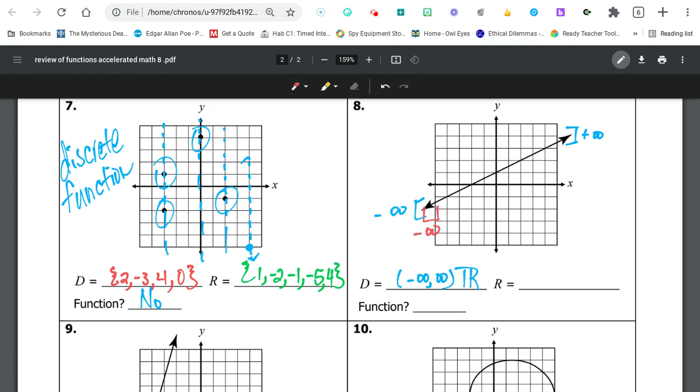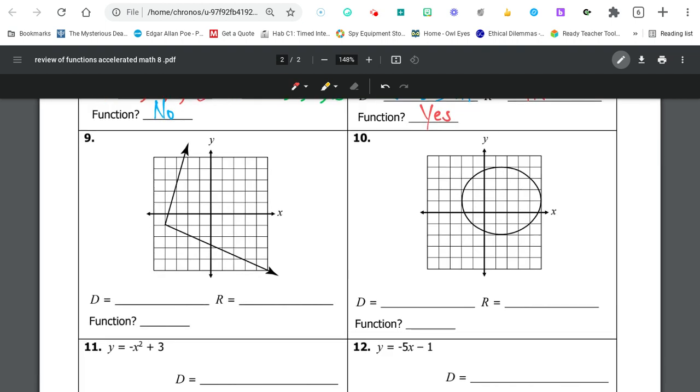Negative infinity. How far up does it go? Positive infinity. So I'm just going to go ahead and put all real numbers. Is this a function? Well, if I draw a vertical line, it only hits my red line, vertical line only hits the graph in one spot, no matter where I draw it. So, yes, this is a function.